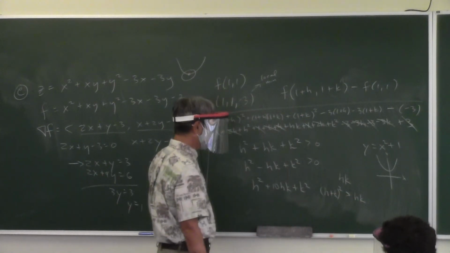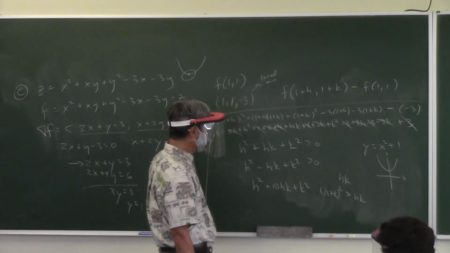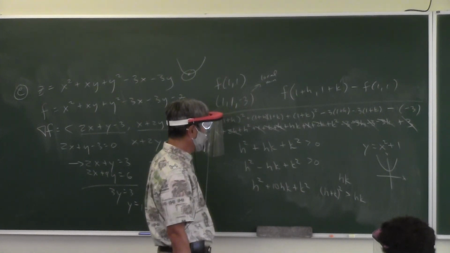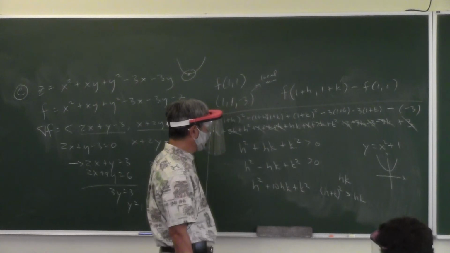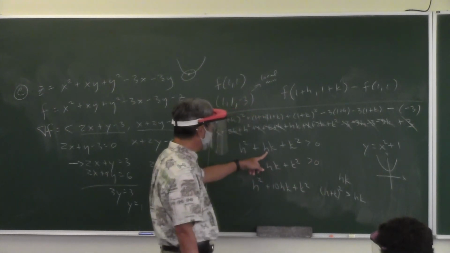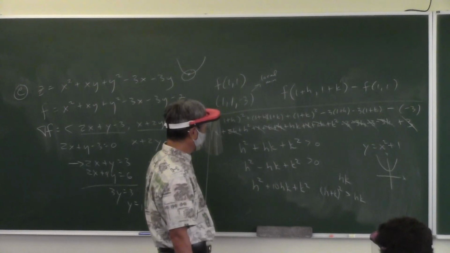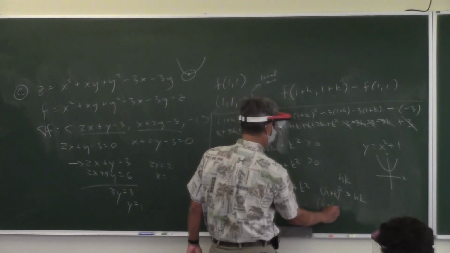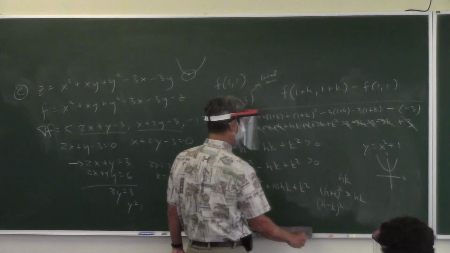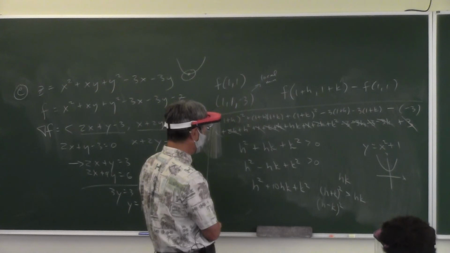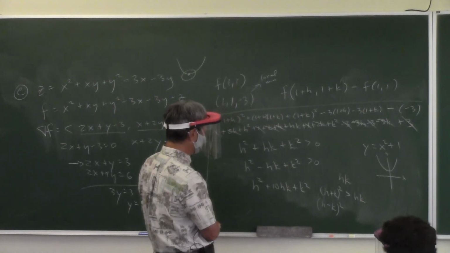And then assume that H squared plus HK is less than 0, a proof by contradiction. Then subtract 3HK from both sides, and you'll get HK should be greater than 0 and HK should be less than 0, and then it's a contradiction. But if you had 10HK, to get it to the H plus K squared form, you would subtract 8HK, so then it would be a negative, so you can't get a contradiction.